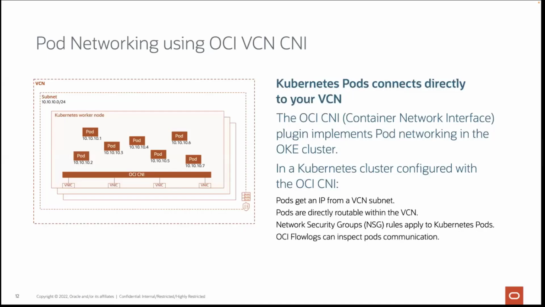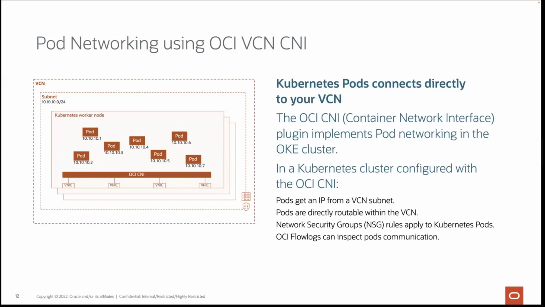Now, let's try to understand pod networking. The connectivity that I showed you in my previous slides, the connectivity that we achieved through gateways, was mainly for the traffic going north to south. Now, let's understand how traffic will move from east to west between pods inside an OKE cluster.